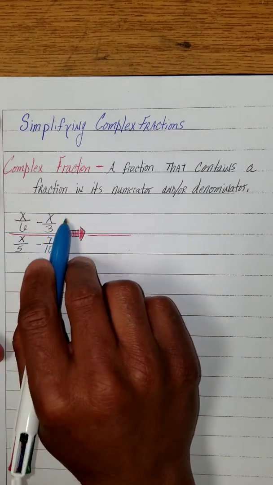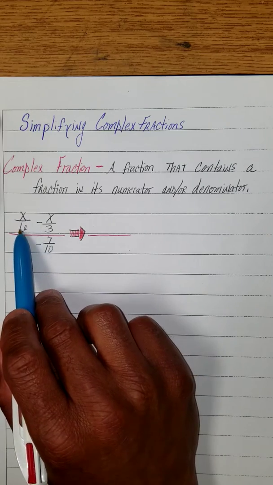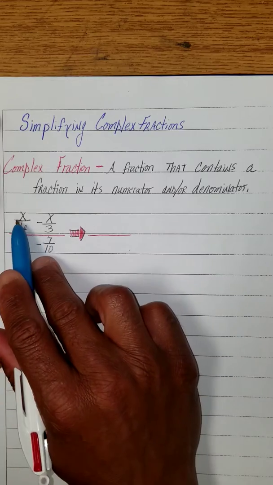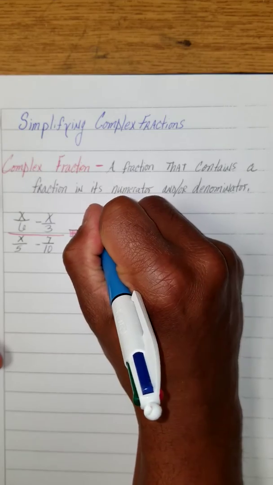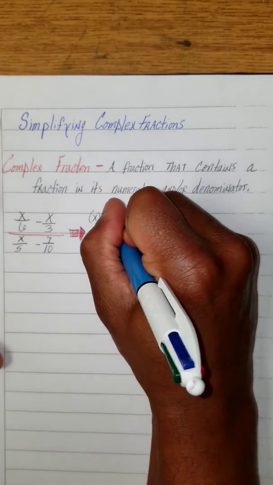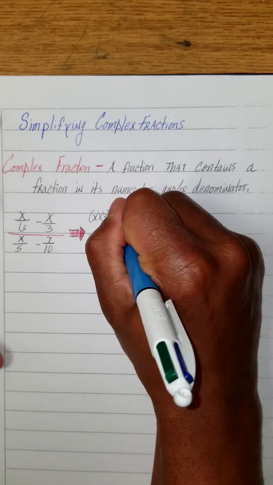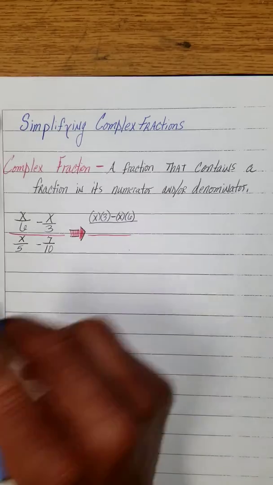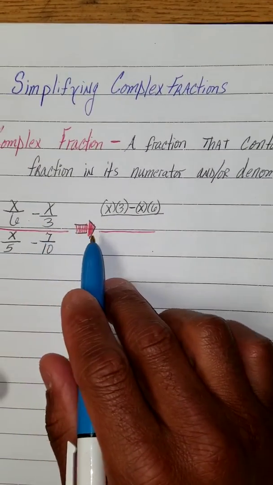Here, to get one solid fraction in my numerator, I'm going to simply multiply opposite denominator times opposite numerator over the product of the denominators themselves. In this case, I will multiply x times 3 minus x times 6, all divided by the product of 6 and 3.